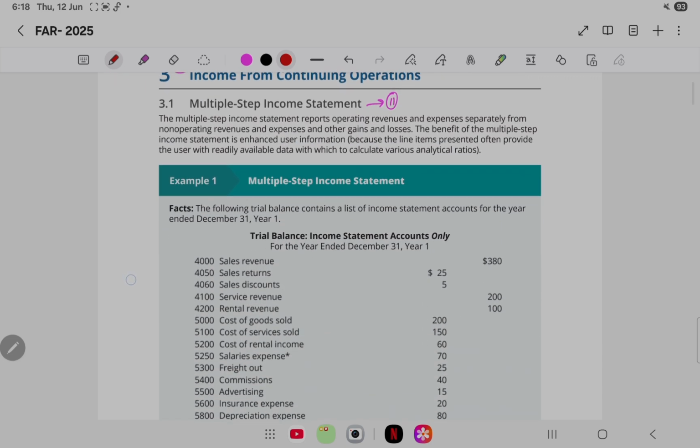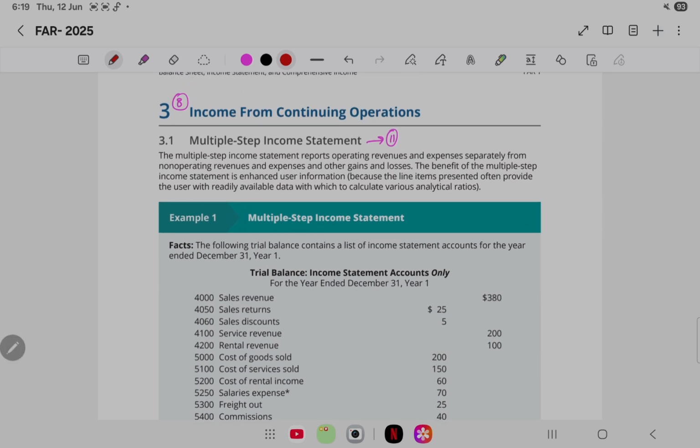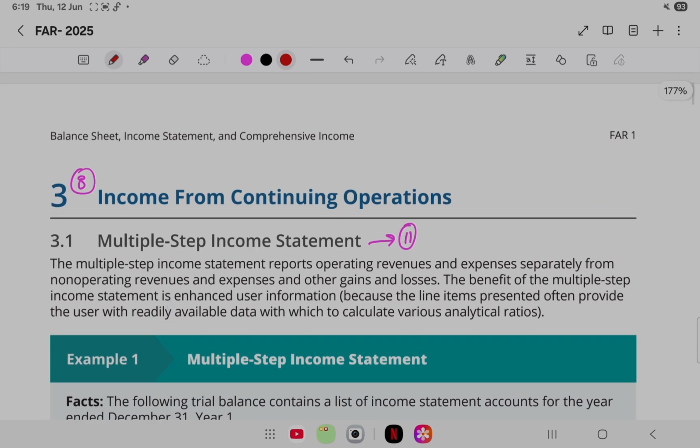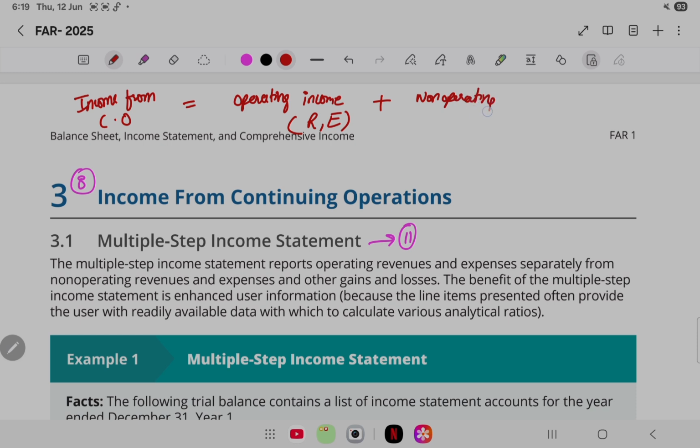Now income from continuing operations. You need to write it down. Income from continuing operations equals operating income, that is R and E, plus non-operating income, that is G and L. Hope you understand.